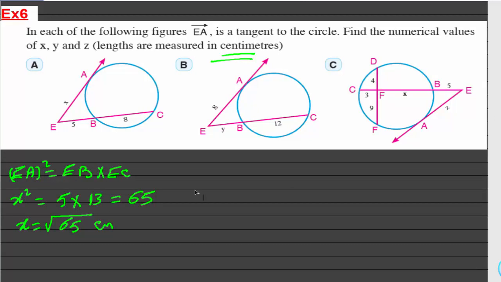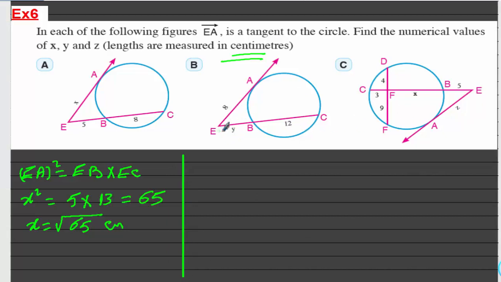And here in the other figure, we have EA power 2 equals EB multiply EC. EA power 2, it is 8 power 2, it is 64, equals EB, Y, multiply Y plus 12.